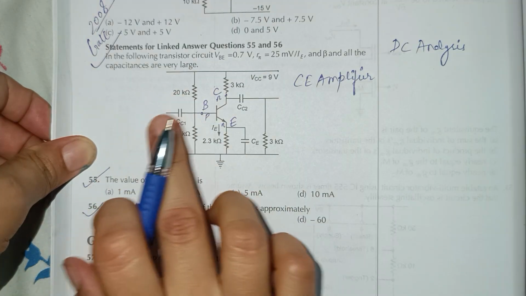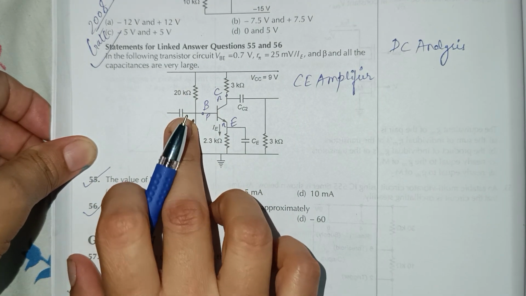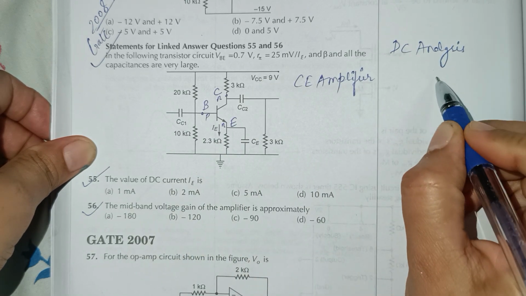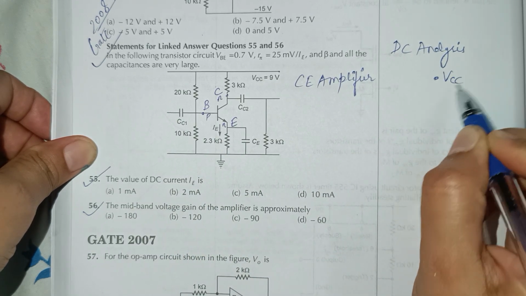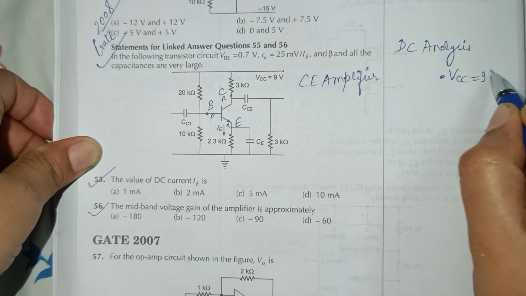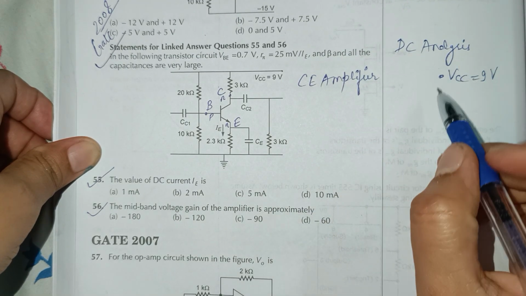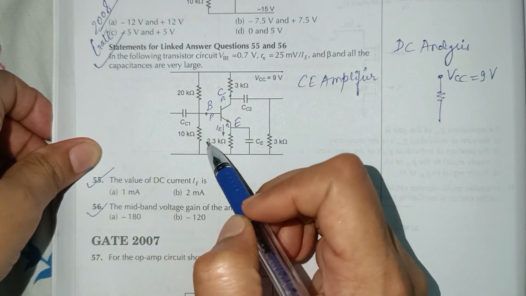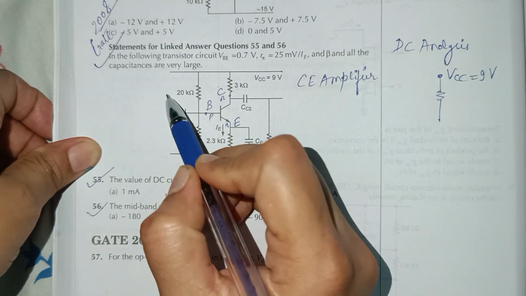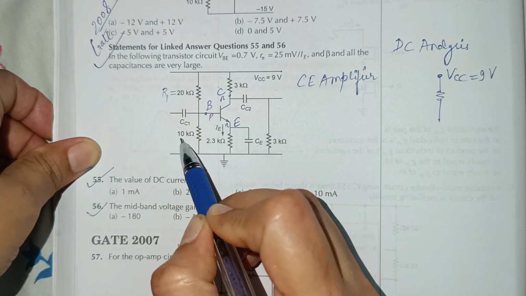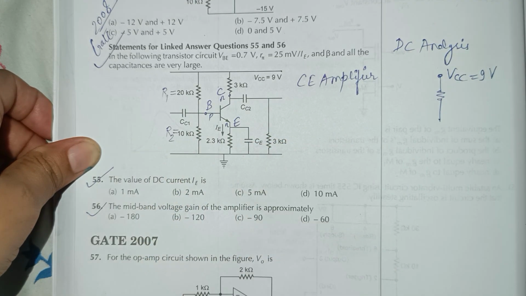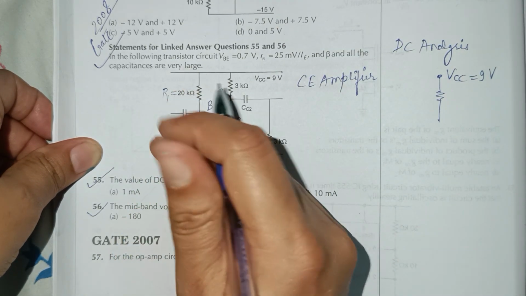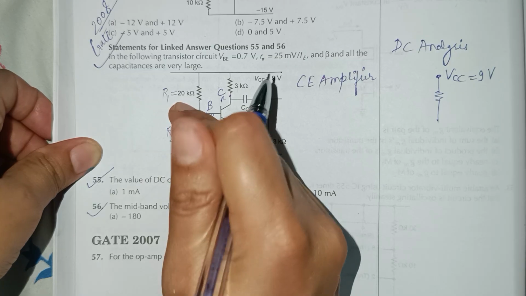We open circuit all the capacitors and we take the DC voltage VCC, which is 9 volt. Now this is our collector resistance. Suppose this is R1 and this is R2, so you need to calculate the equivalent Thevenin circuit in which we need to calculate VTH and RTH.